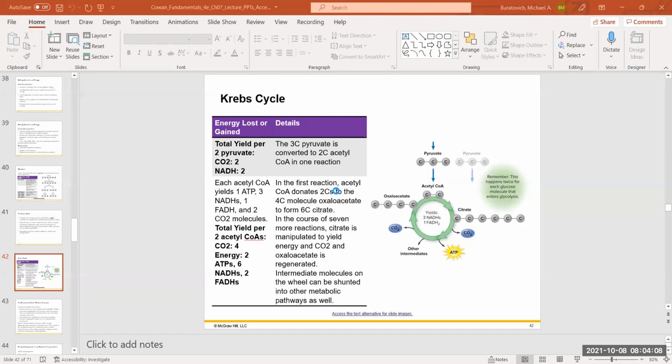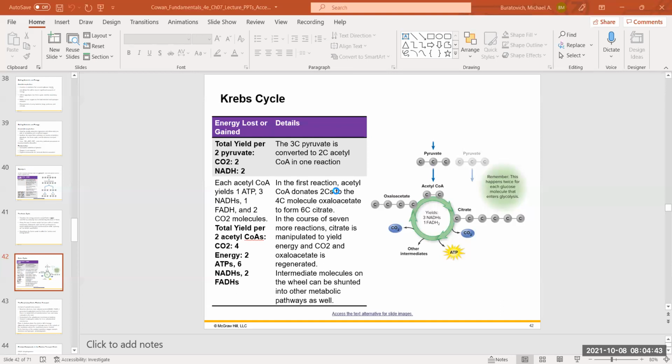Yeah, 1 FADH2, reduced flavine, and then where do your carbons go? 2 CO2s. That's what comes out. You have burned the carbon all the way to the most oxidized form of carbon, carbon dioxide. You started with glucose, 6 carbons. Remember, you're going to put 2 of these per glucose into the Krebs cycle, and that will make 4 of these.